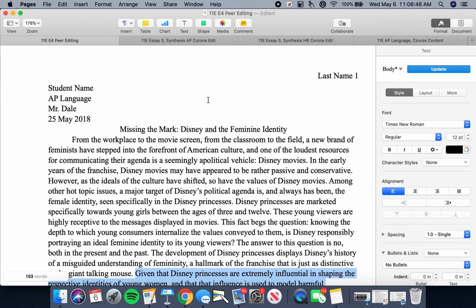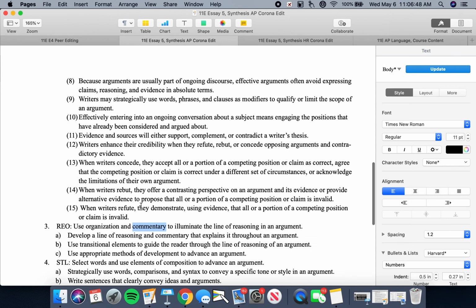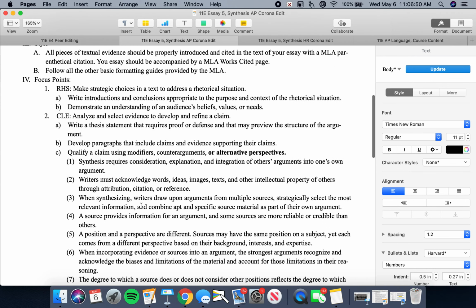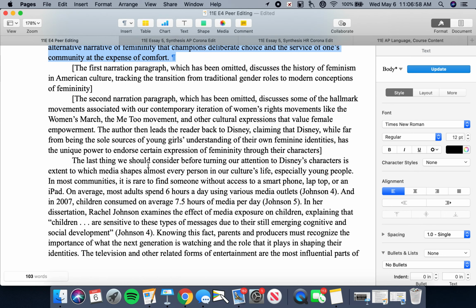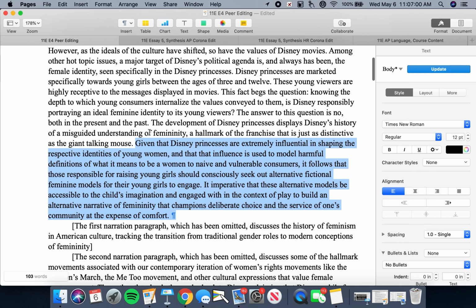Another thing that we looked at along the way here is the structure of the paragraphs. I'm not going to go through and talk about each specific paragraph, but you will see that each paragraph has a kind of claim, and that claim is governed by the central claim, or it connects back to the central claim, and then it analyzes evidence that supports that claim, explaining that evidence with commentary as it relates to the larger ideas at stake in the essay.